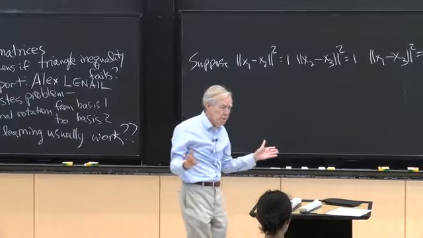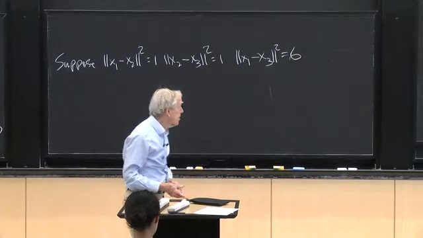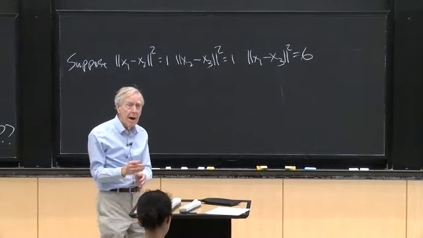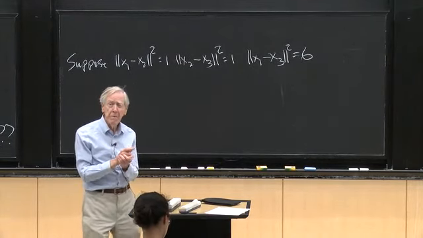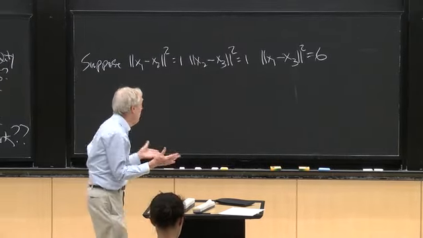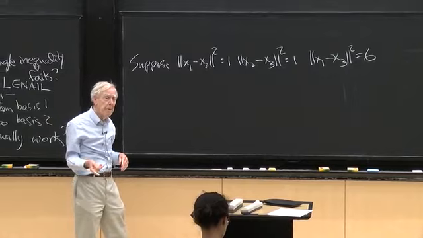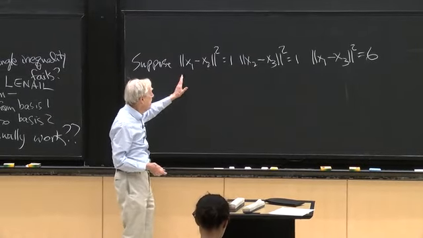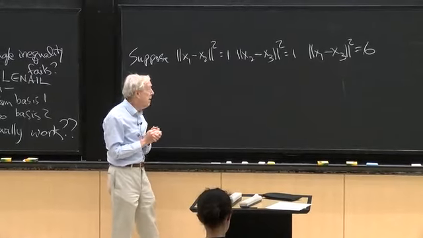Okay, just as we're getting started, I thought I'd add a few words about a question that came up after class. Suppose in that discussion last time you were given a distance matrix.